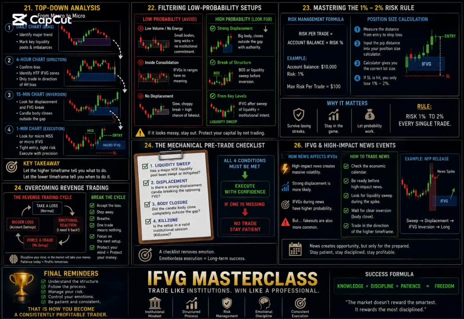As you enter the final part of this masterclass, let's master top-down analysis. You must never look at a single time frame in absolute isolation. Your analysis should always flow seamlessly from the macro down to the micro structure. Start your morning by opening the daily and the 4-hour chart to find bias.